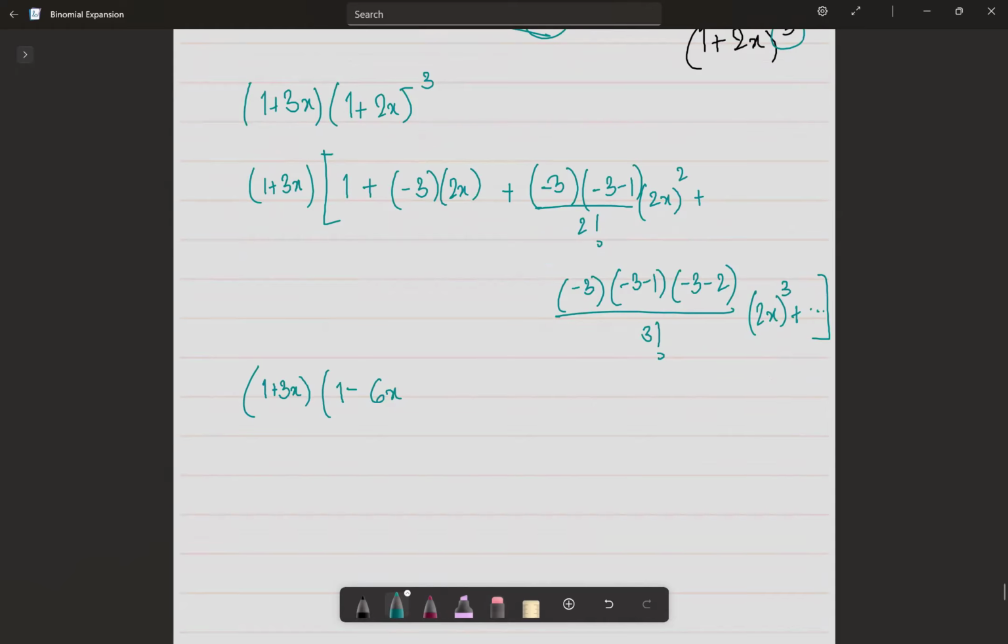And if we multiply, we get 24 x squared from here. And from here, if you multiply everything, then you are going to get minus 80 x cube.